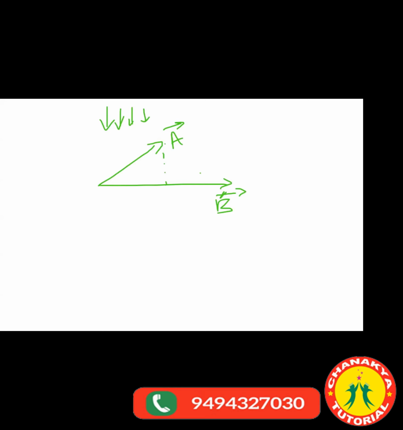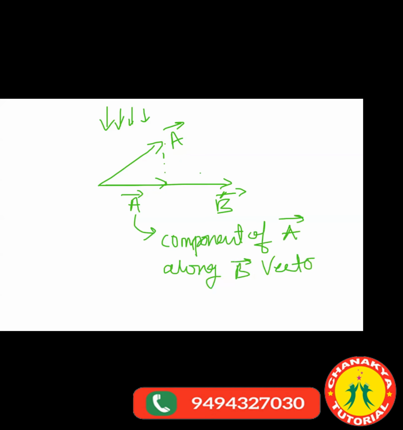It will fall till here, right? This will be the component of A vector along B vector. Am I correct?